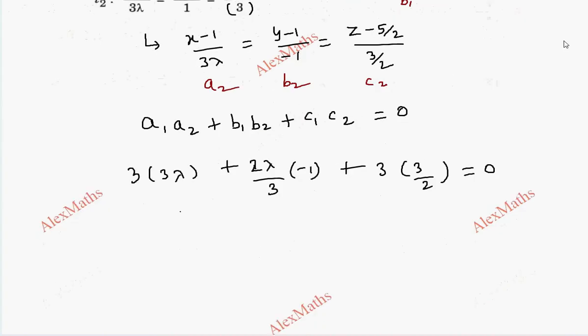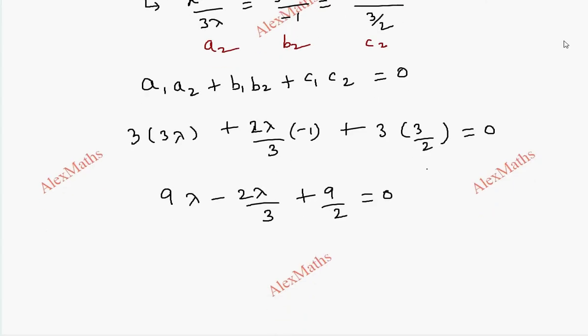Now totally this is 9 lambda minus 2 lambda by 3 plus 9 by 2 equal to 0. Now taking this 9 by 2 to the other side, we get minus 9 by 2. Here we take LCM, which is 27 lambda minus 2 lambda.